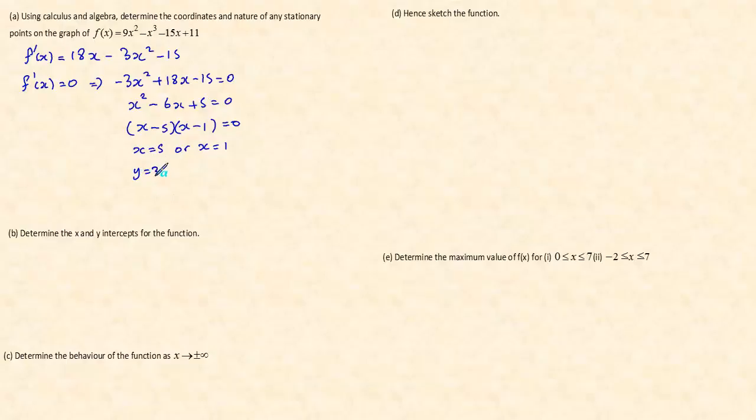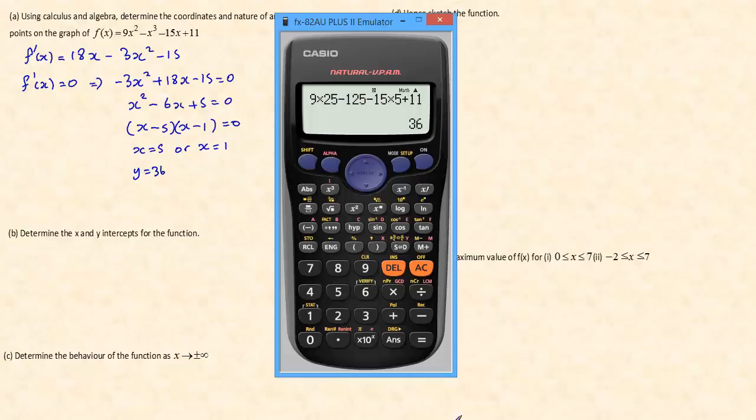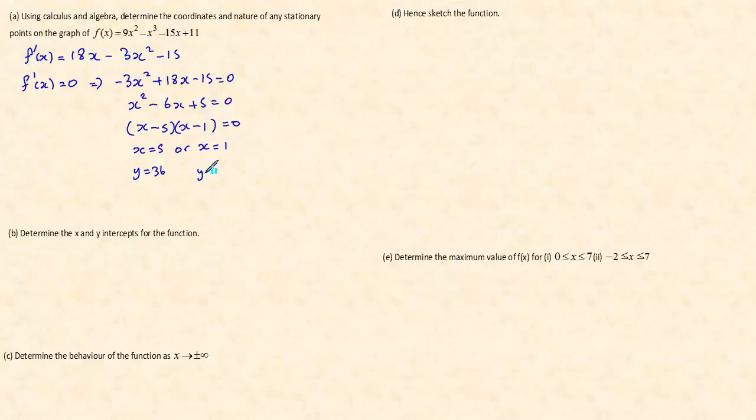So y is 36. Now if x is 1, then we just get 9, take away 1, take away 15, add 11. And that gives us 4. So our turning points are at (5, 36) and at (1, 4).